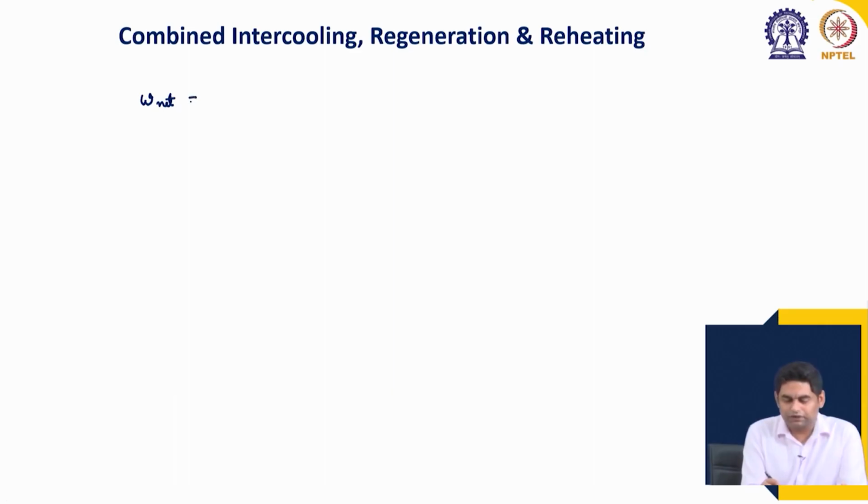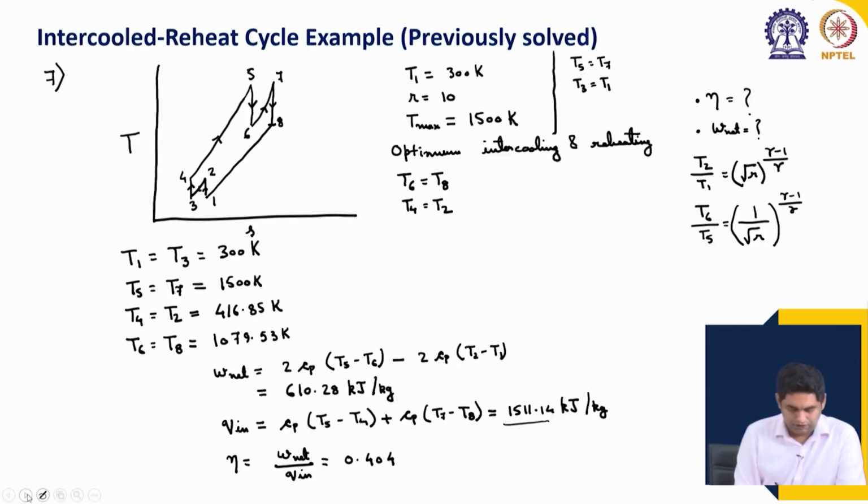So, the net work also remains the same, which we had found to be equal to W net by CP T1, we had derived an expression for the combined reheat regenerative cycle.